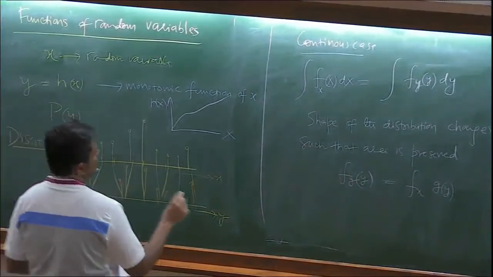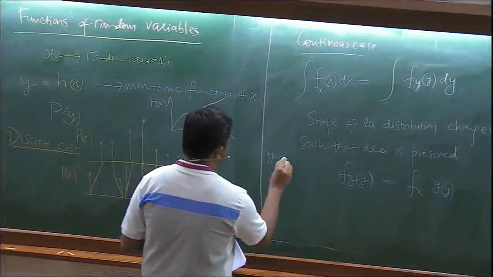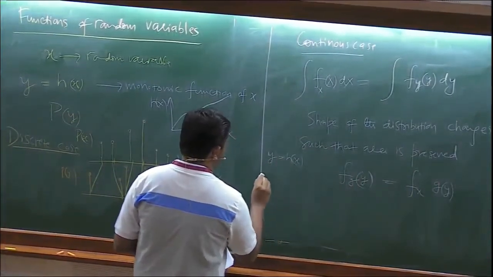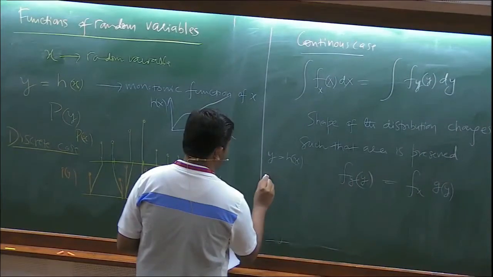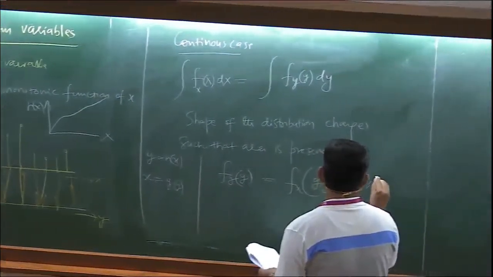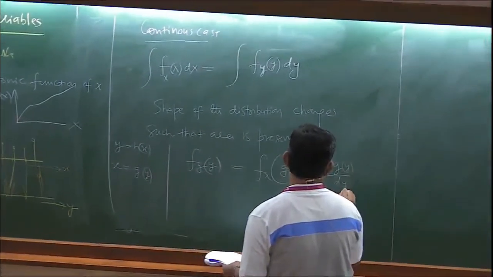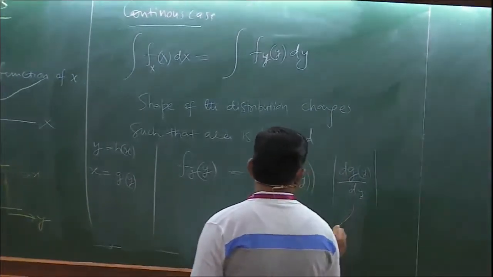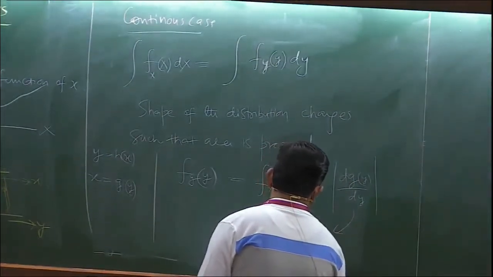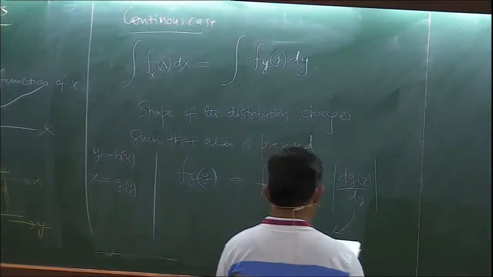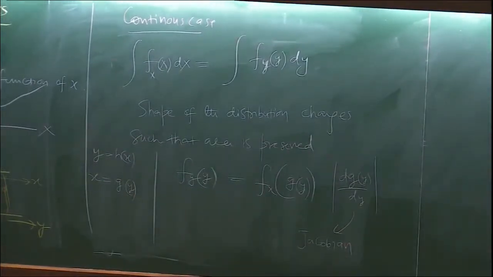This is h of x, so y is equal to h of x, and x is equal to g of y. So f_y will just be f_x of g of y times the Jacobian, which is dg/dy. So this is the rescaling factor between the x distribution and the y distribution.